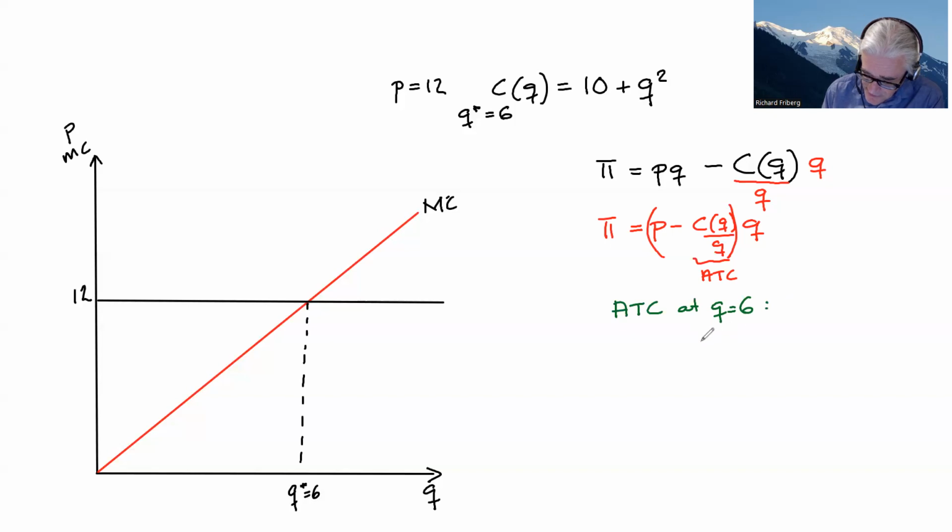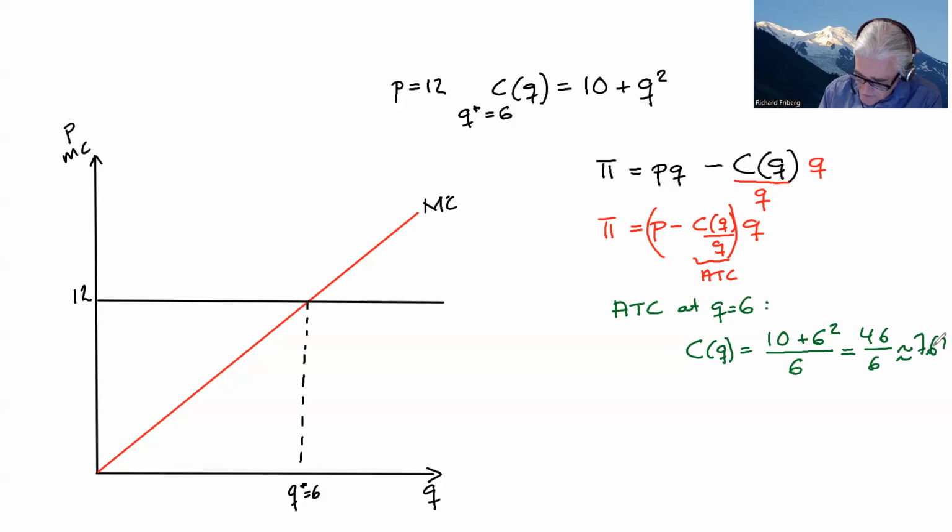So at Q equals 6, we have C of Q, so average cost, so 10 plus Q squared. What is Q here? Q is 6, squared, over Q, right? So to get the average. So this is the same as 46 over 6, which is approximately 7.67.